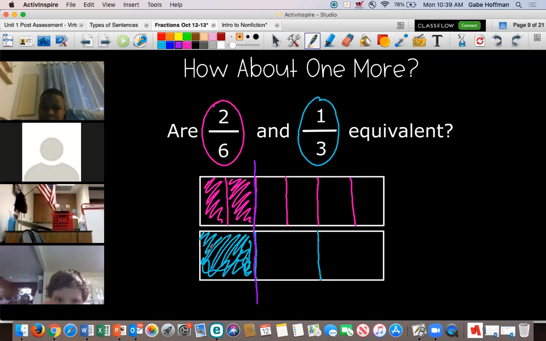So 2/6 and 1/3 take up the same amount of the whole. Let's pretend this was a chocolate bar. If I had 2/6 of this chocolate bar and 1/3 of this chocolate bar, I would have the same amount of the whole chocolate bar. So those are the same part of a whole, even though the fractions are different. That's what we mean when we say equivalence.